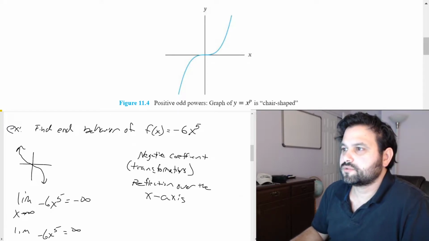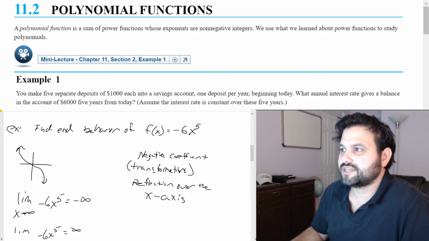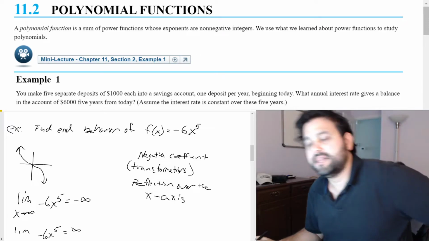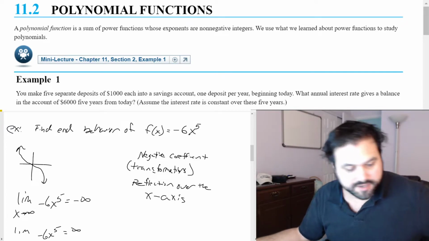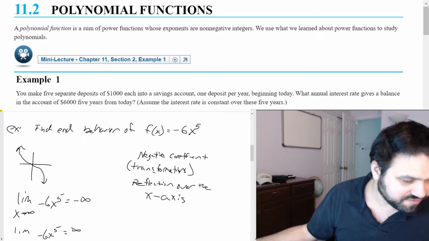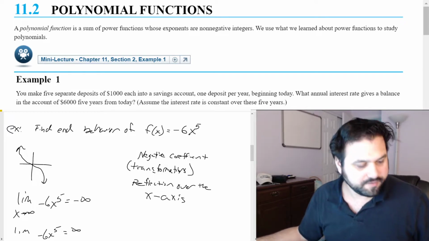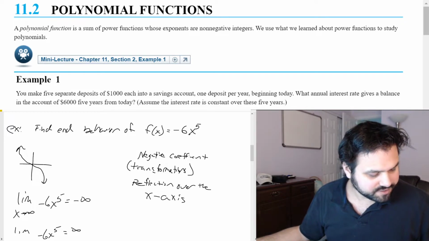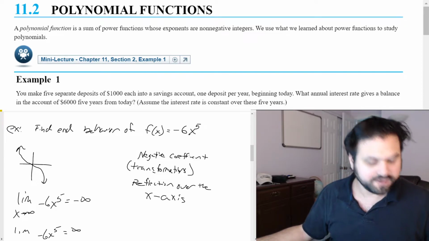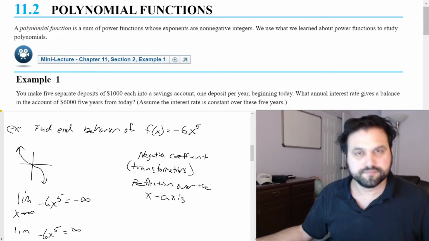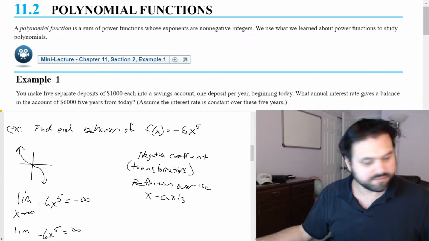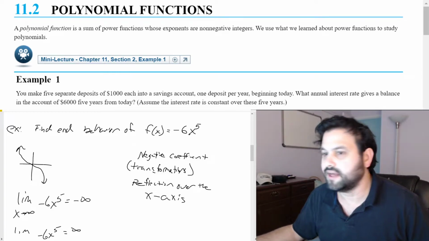So now what we're going to do is jump over to section 11.2 and talk about polynomial functions. Now this picks up actually at the very bottom of page 443, but it's just the very basic definition at the very bottom, and then it picks up on the next pages after that.